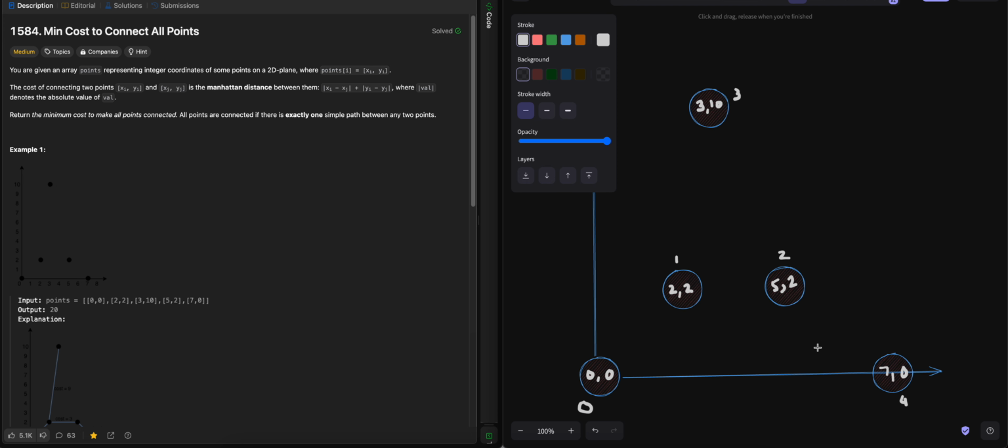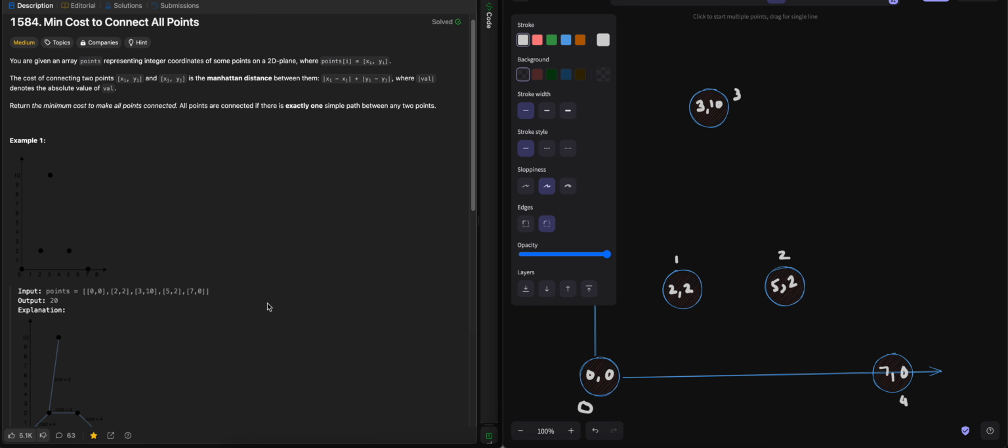Now let's say we have the first example, these are all the 5 vertices being given, and I have numbered them 0, 1, 2, 3 and 4. Okay, and the coordinates are also mentioned. This is 0, 0, 2, 2, 3, 10, 5, 2, 7, 0.